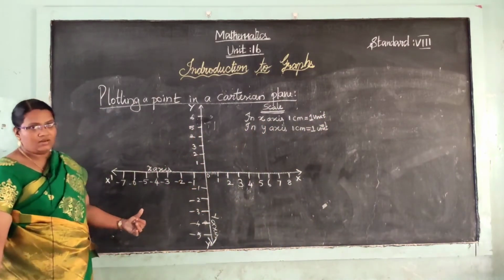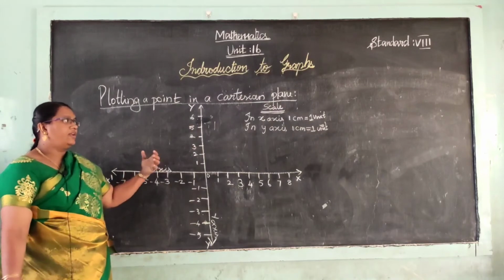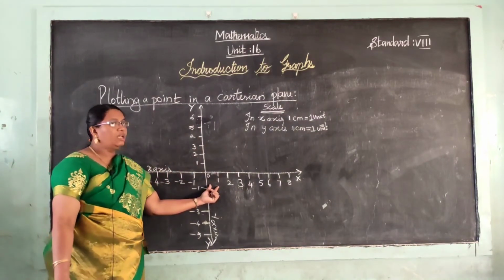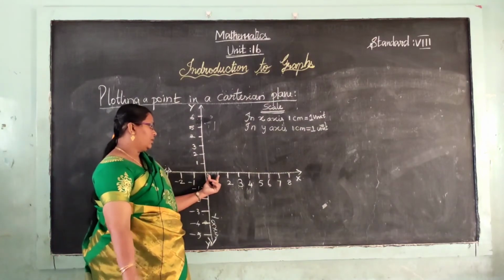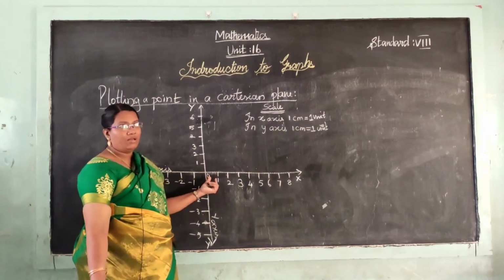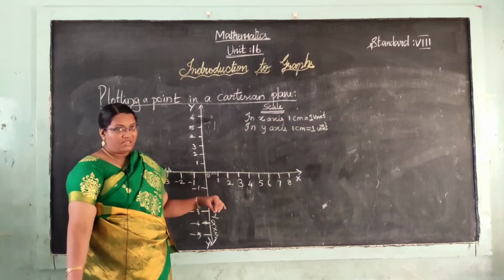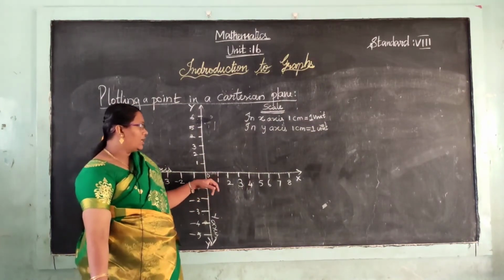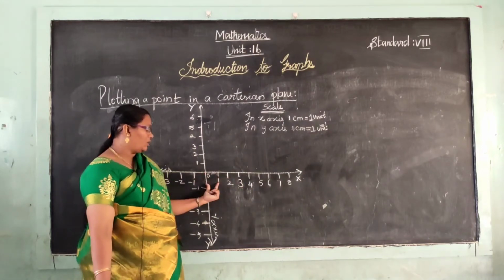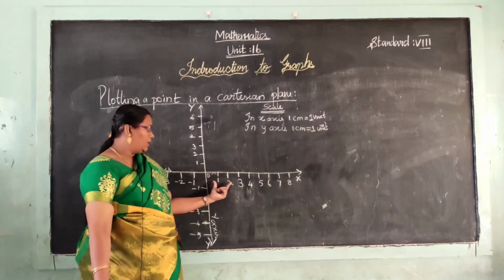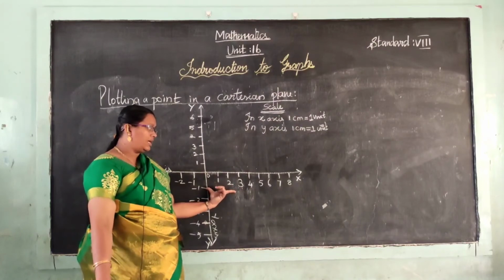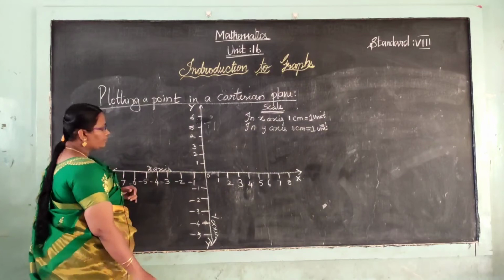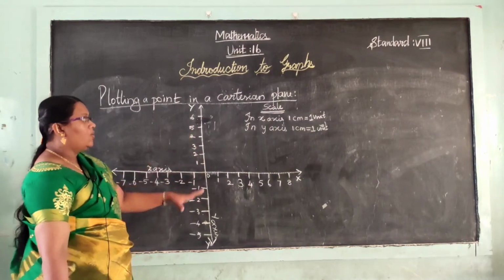Sometimes we take 1 centimeter, and you know the scale measurement: 1 centimeter is how many millimeters? 10 millimeters. The same procedure is followed here. So in the x-axis, 1 centimeter is equal to 1 unit; this is 1 unit, 2 units, 3 units, 4 units. Here we have considered only 1 unit.